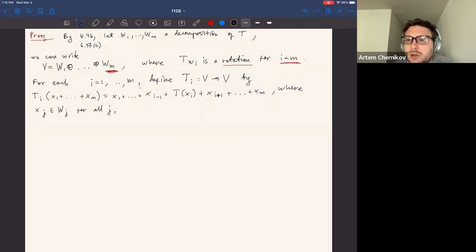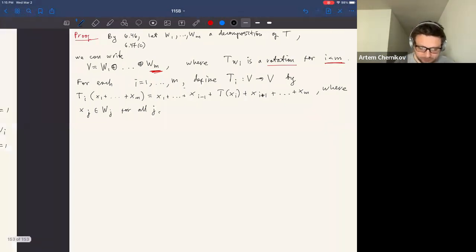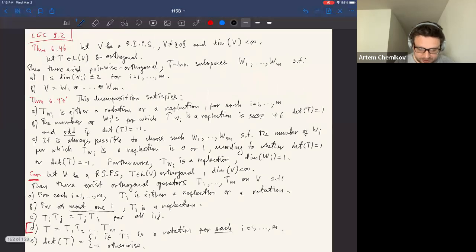How do we know that we can reorder them? Simply because we can look at the previous result. So theorem 647C tells us that we can choose such a decomposition where all but at most one are rotations, right? Of course this one reflection might appear in any position on this list, but nothing prevents us from taking them in a different order. The sum is still going to be the direct sum, right?